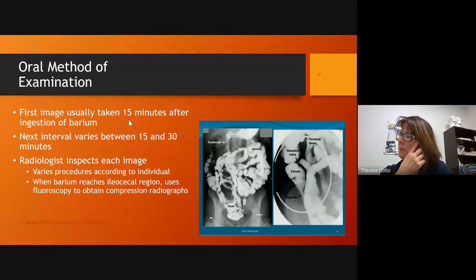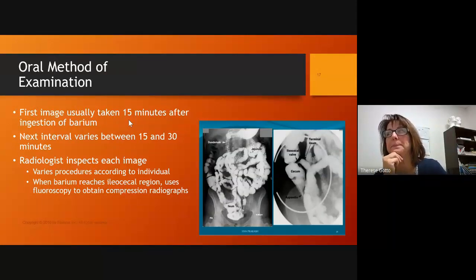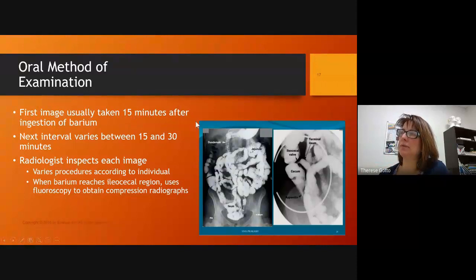Now, if it's before the first half hour, does anybody remember what we need to do for our images? For a small bowel follow-through, if we're taking pictures before 30 minutes after they've drunk the barium, we're going to center a little higher because we want to see where the duodenum enters the stomach, and that's high.